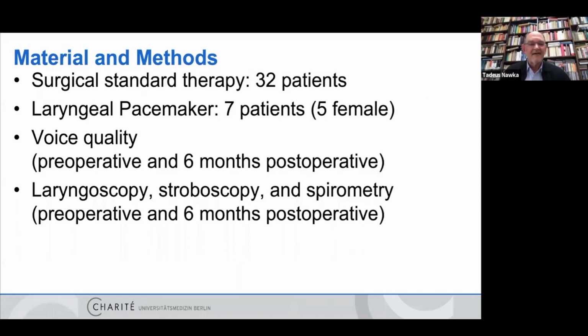So let's have a look at the material and the methods. So we have 32 patients according to a protocol evaluated, and we have 7 patients with a laryngeal pacemaker, 5 female, 2 male patients, and we evaluated voice quality, laryngoscopy, and spirometry.